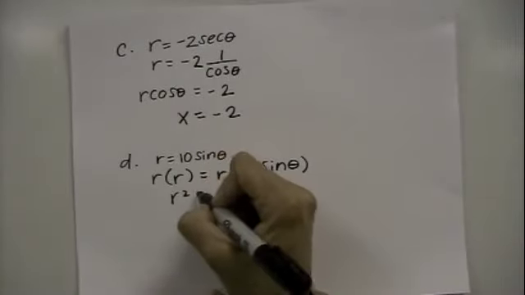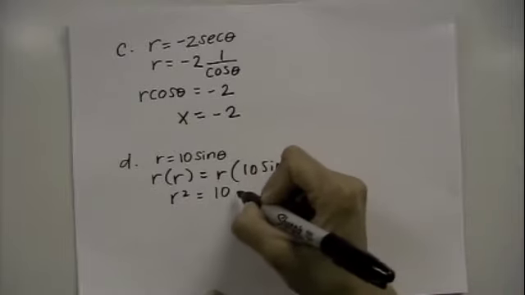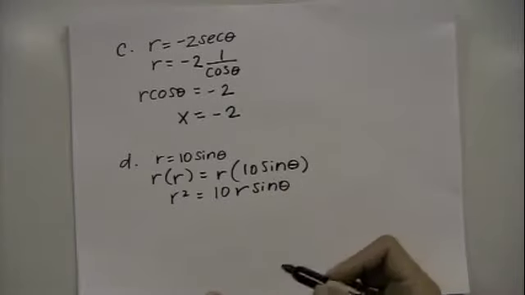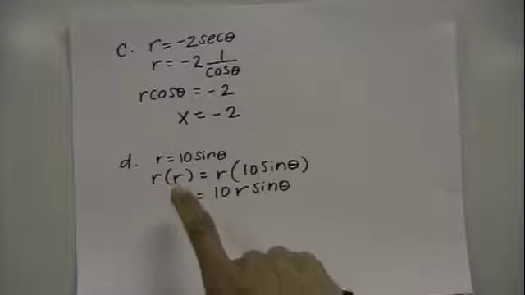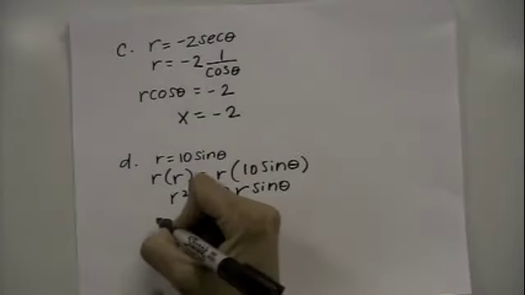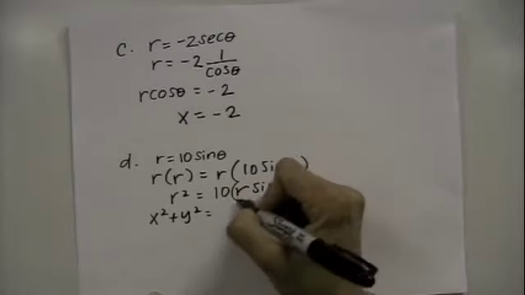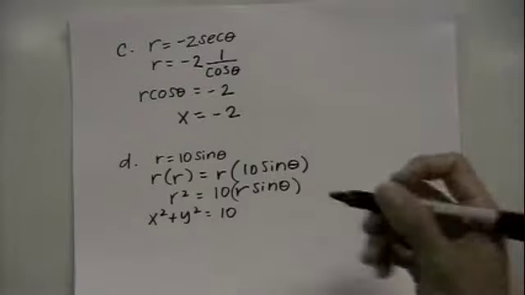So that makes r squared equals 10r sine of theta. Next, our goal is to get rid of the r's and thetas. So we're going to substitute x squared plus y squared in for the r squared. And right here, we're going to substitute r sine theta as y.